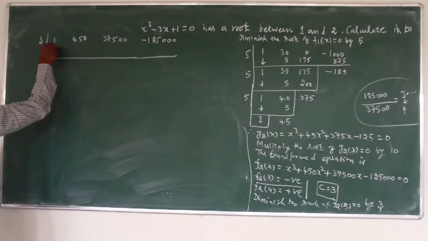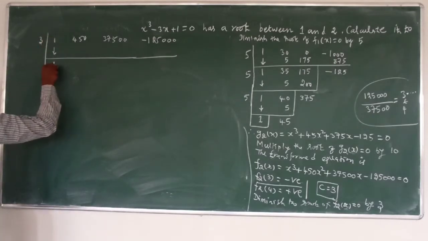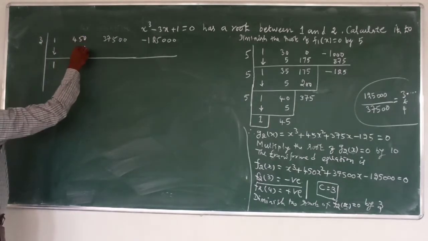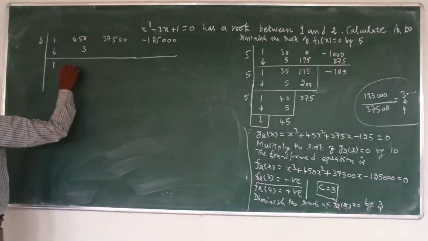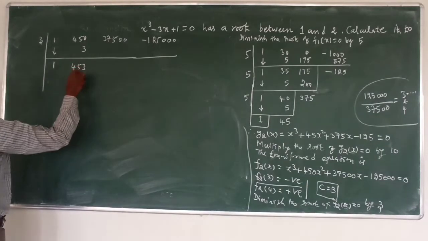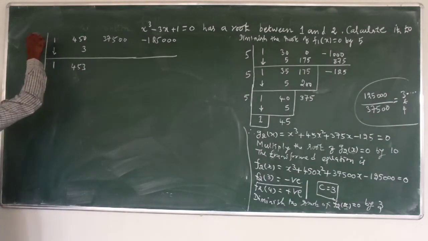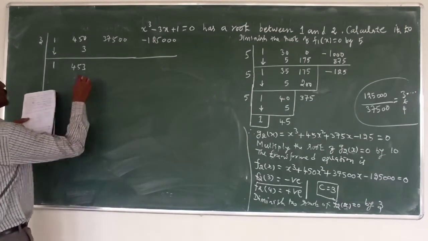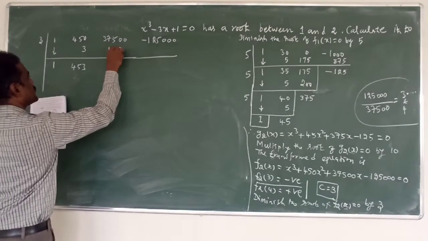3, the 1 we have to write as it is like that, and 1 into 3, 3. Here substitute the 3 value and add these two, 453 and 453 multiply with the 3, you can get the result 1359.